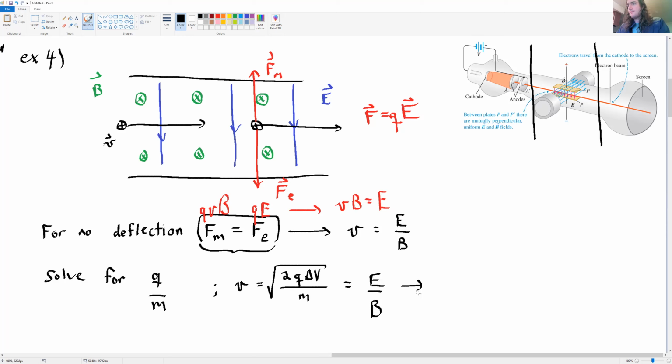Square both sides, divide by 2 and divide by delta V. Excuse me, not V. We get that Q over M is equal to E squared divided by 2 delta V B squared.